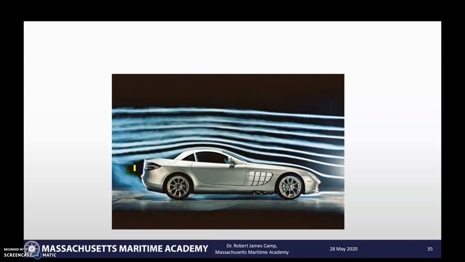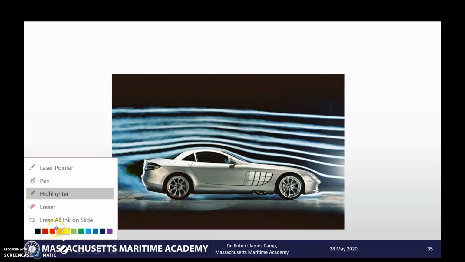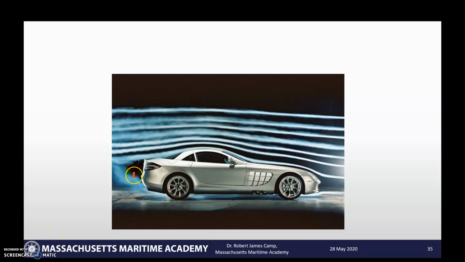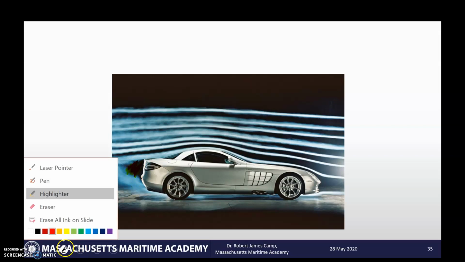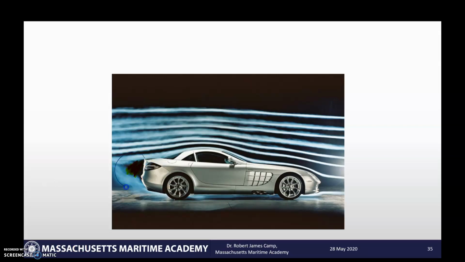There is some disturbance of the flow here, but that's not as bad as things have been in the past. And so streamlining actually has a big effect on what's going on with vehicles and the way they're designed.